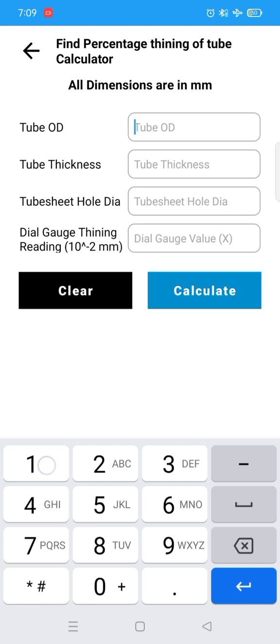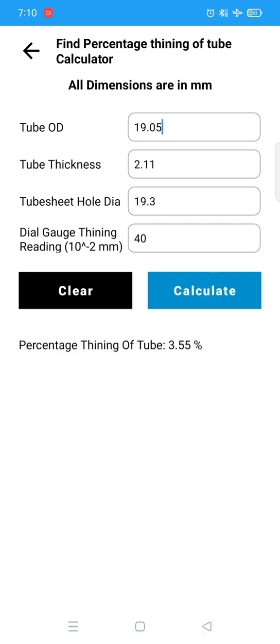Let us assume tube OD is 19.05, tube thickness is 2.11 mm, tube seat hole dia is 19.3, and dial gauge reading, measured by the dial gauge after the expansion of the tube, is, let's say, 40. Calculate the percentage thinning of the tube: 3.55 percent.